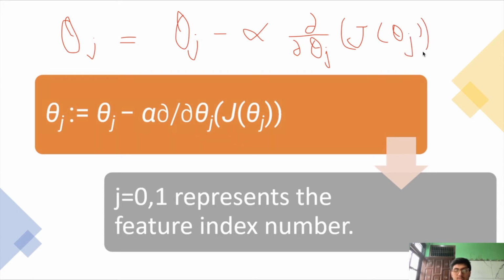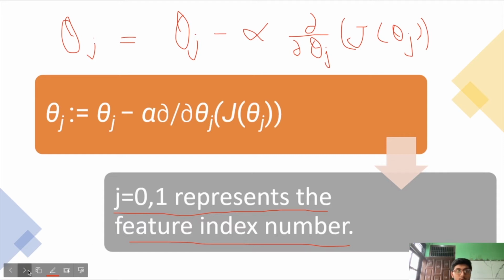It may sound funny that J, theta j, again J, but no worry. Here j can be 0 or 1, so we modify theta 0 or theta 1. These are the index numbers I have written here, the feature index number.